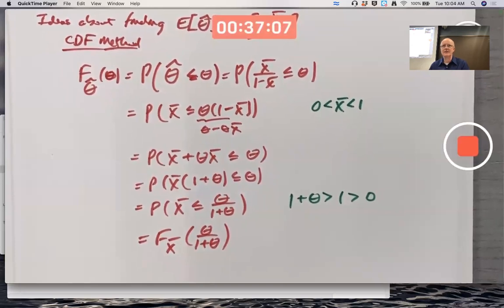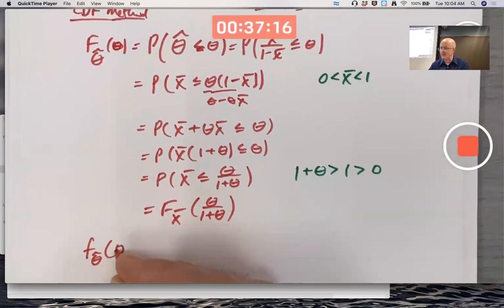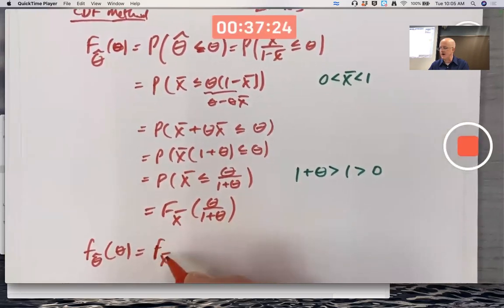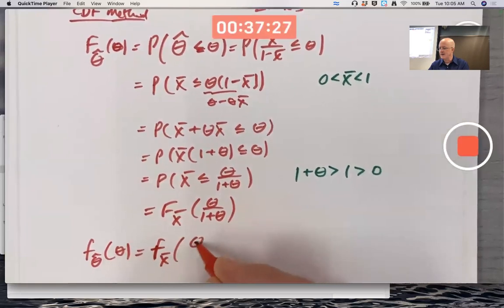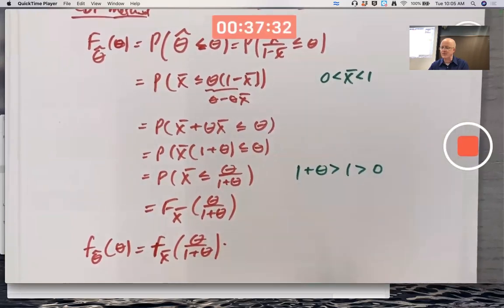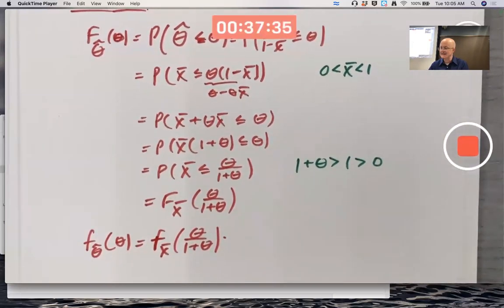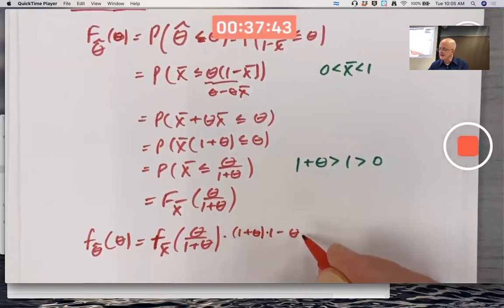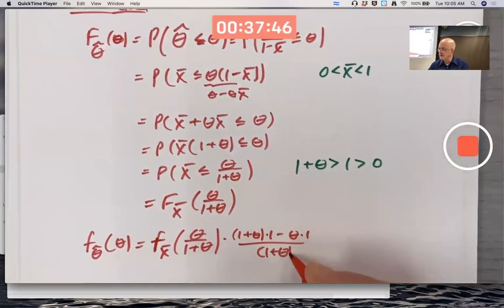But that would mean I'd need to know the CDF of X bar, or if I differentiate now to find the PDF, little f sub theta hat of theta would be the derivative of capital F sub X bar of this, which would be little f sub X bar, the PDF of X bar, evaluated at theta over 1 plus theta, times, by the chain rule, the derivative of theta over 1 plus theta. I'm differentiating with respect to theta, and I need the quotient rule for that: low d high minus high d low over the square of what's below.